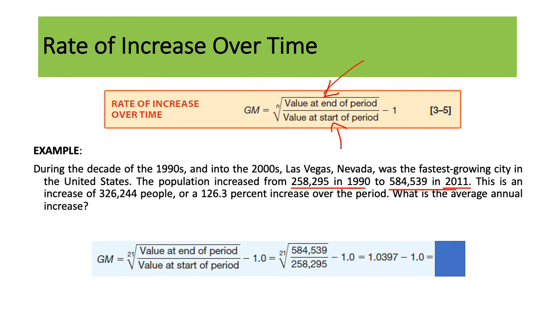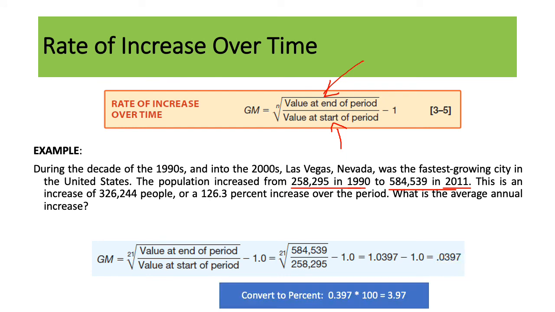Our result is 1.0397 minus 1, which is 0.0397. Let's convert that to percent, and we get the average rate of population growth in Las Vegas, Nevada, between 1990 and 2011 of about 3.97% growth per year.